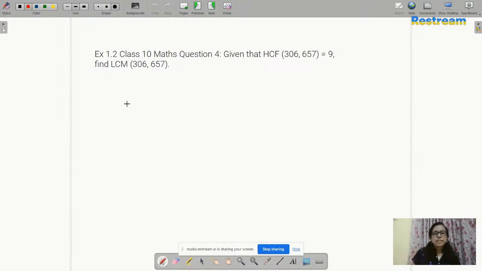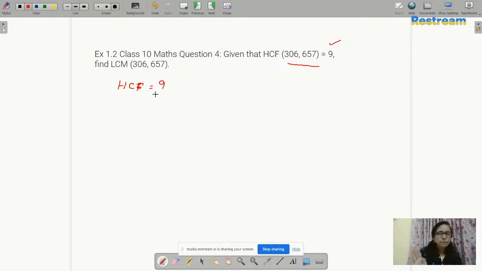So HCF is given, write as 9. HCF is equal to 9.